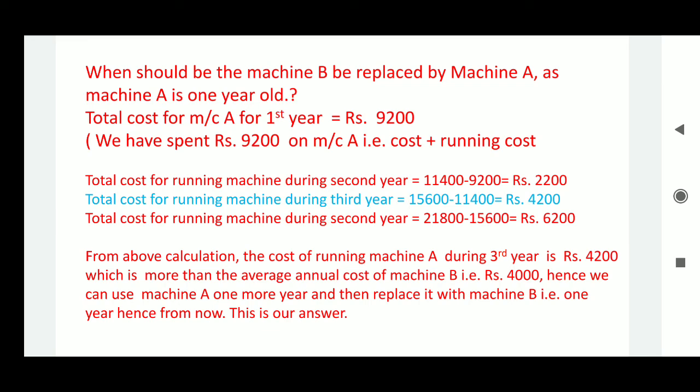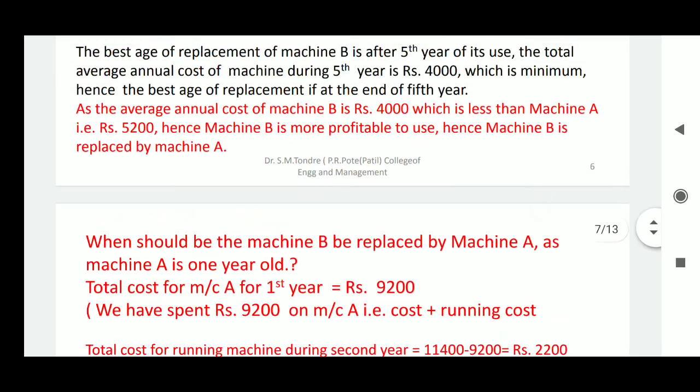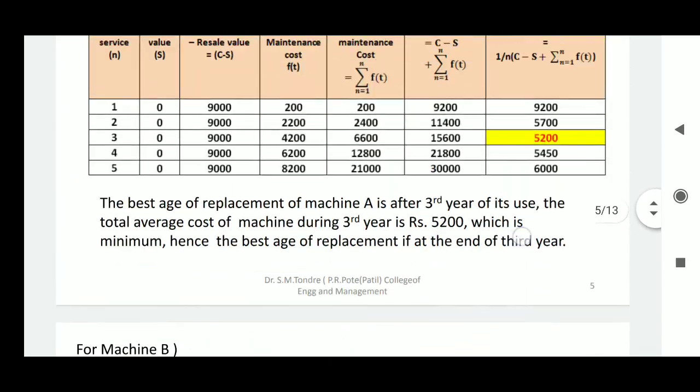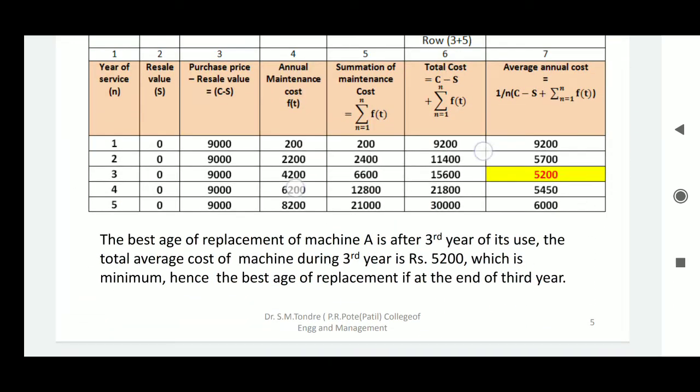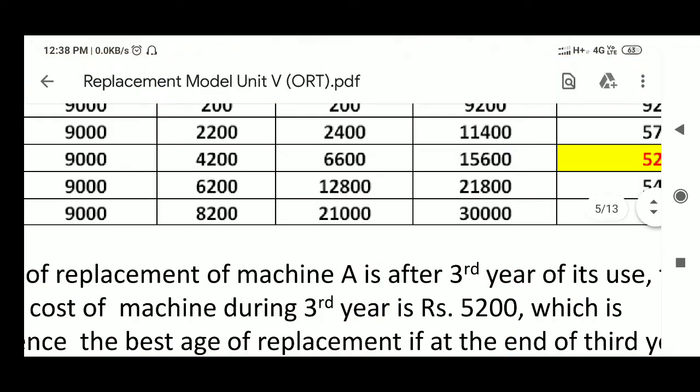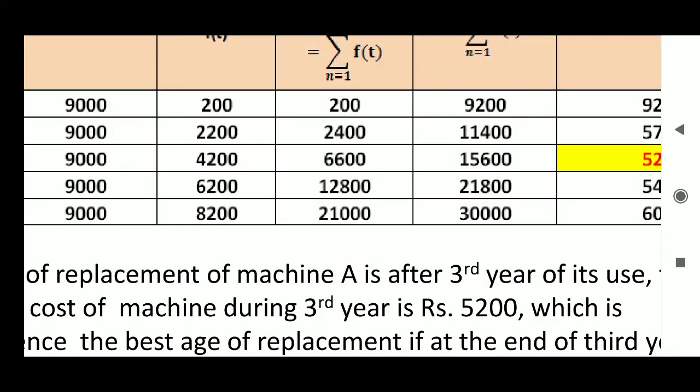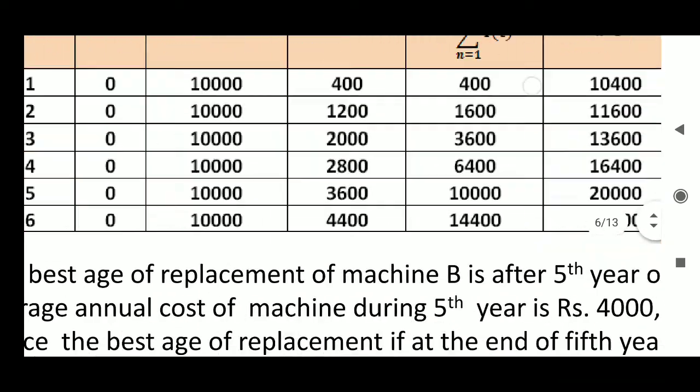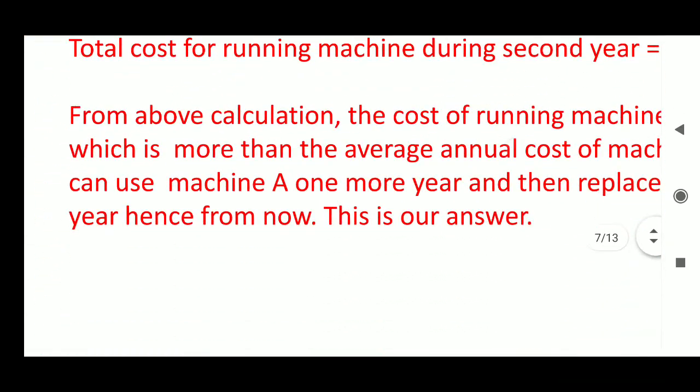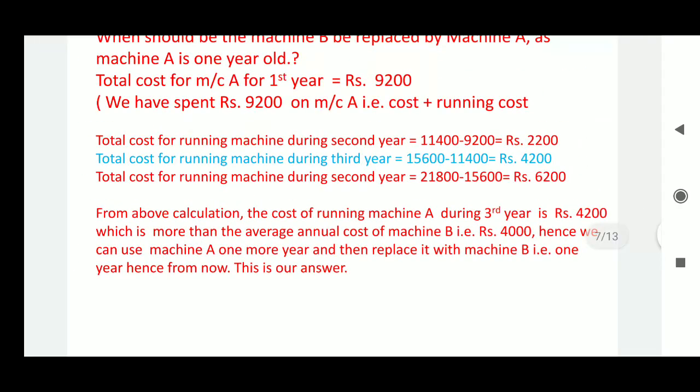Now see the total cost of running during the third year, that is 15,600 minus 11,400. See from this table, 15,600 minus 11,400, the difference of the third and second year's costs, that is rupees 4200, that is the maintenance cost 4200.